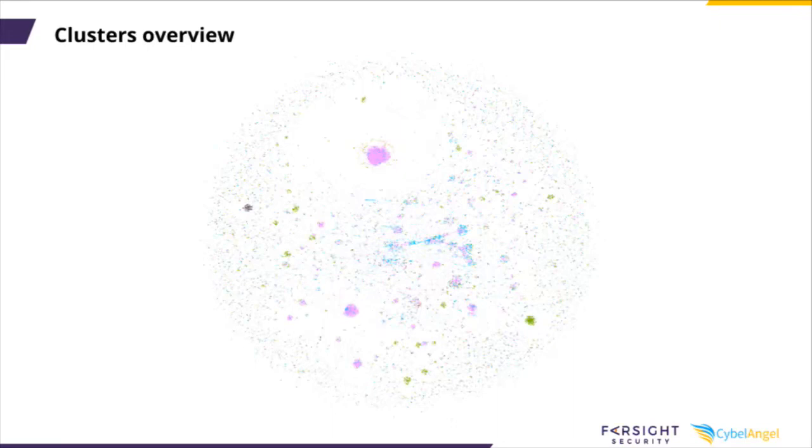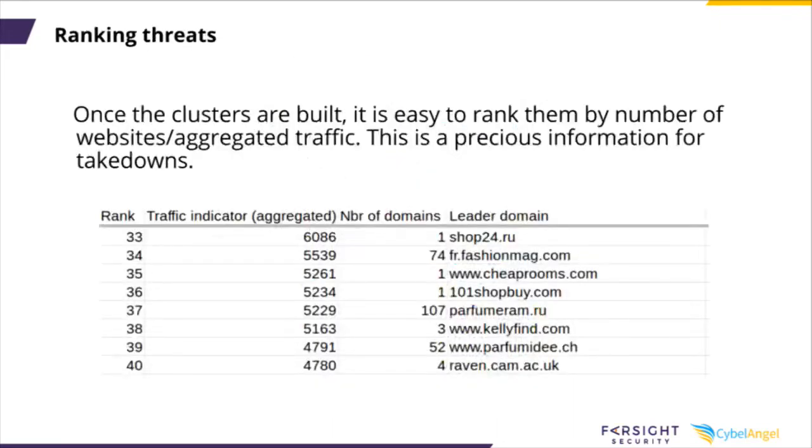And also, because I said we have a traffic estimator, we know which clusters to target first. For example, here we have the traffic estimations for a couple of clusters. And we know which ones drive the most traffic, so probably the most revenue. So I give it to my legal department, and I say, you should take down the first cluster.